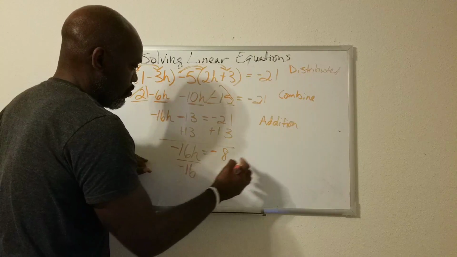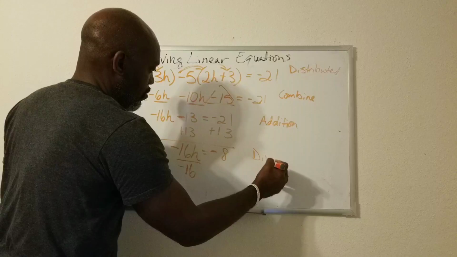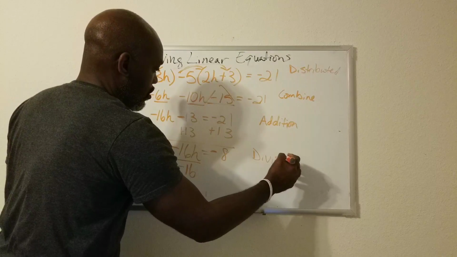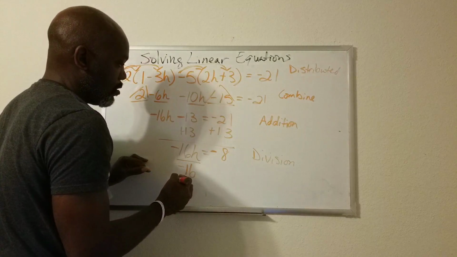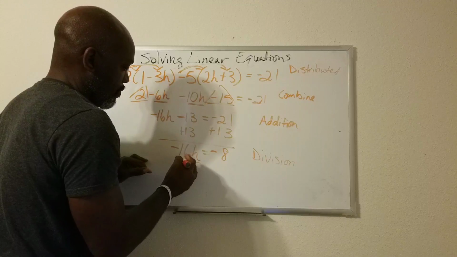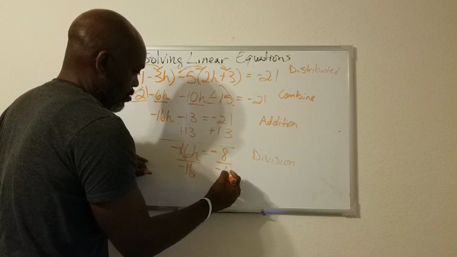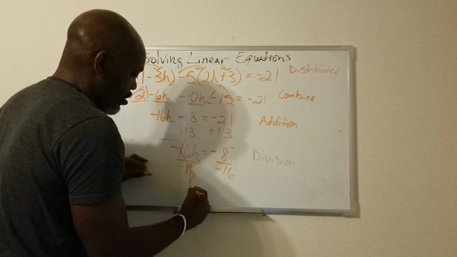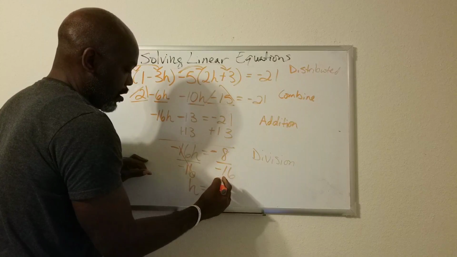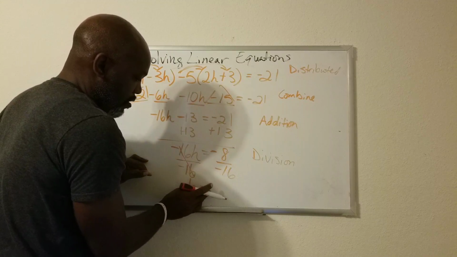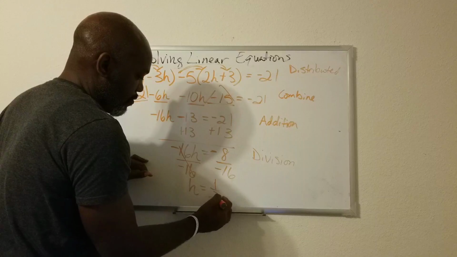We're going to do the division property of equality. So h equals negative divided by negative, which is 0.5 or 1/2.